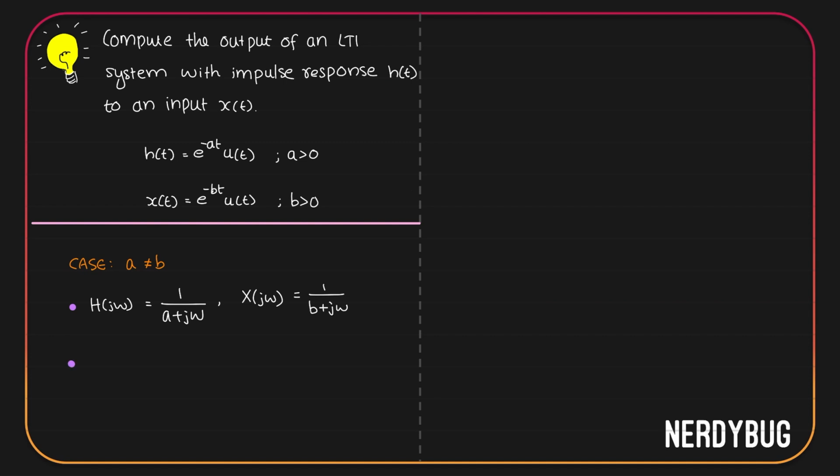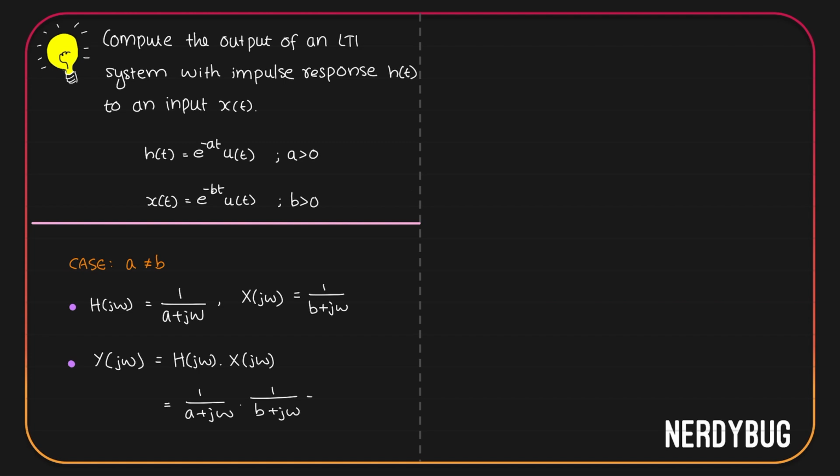So, by using the convolution property, we can write Y of j omega, the Fourier transform of the output y of t, will be H of j omega multiplied by X of j omega, that is 1 by a plus j omega multiplied by 1 by b plus j omega. Now, to find out y of t, we have to use the inverse Fourier transform.